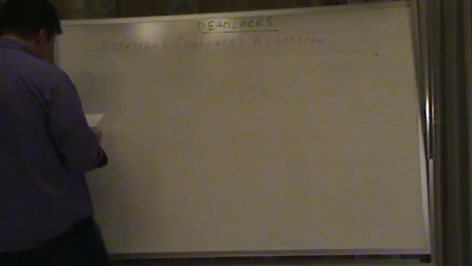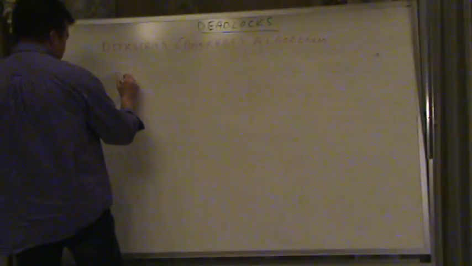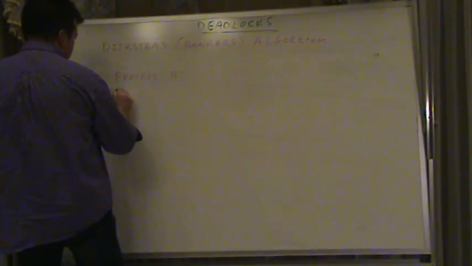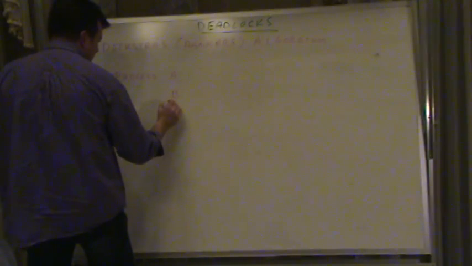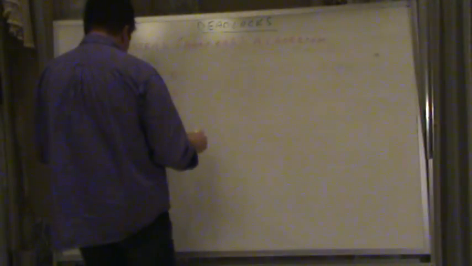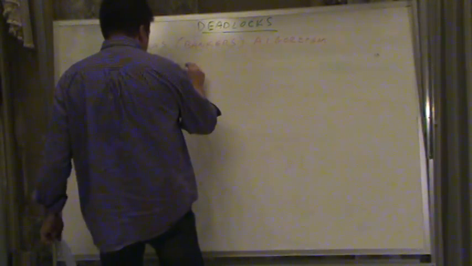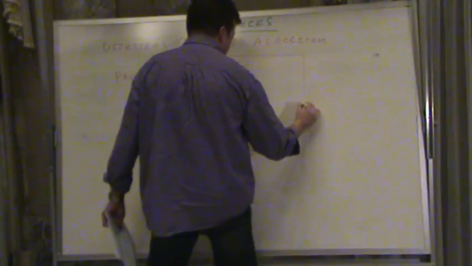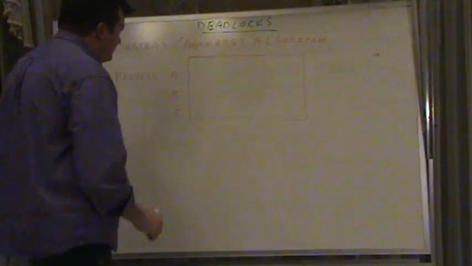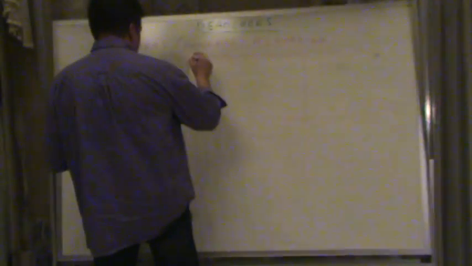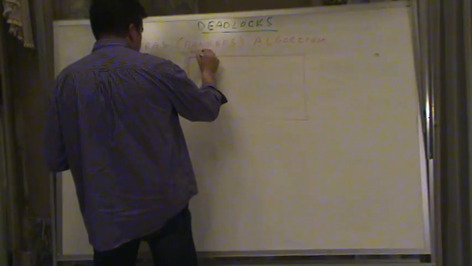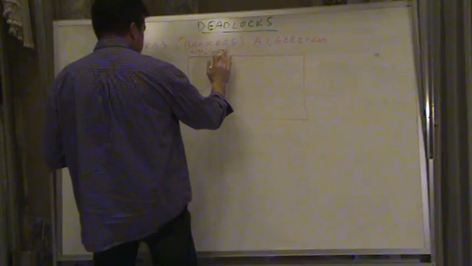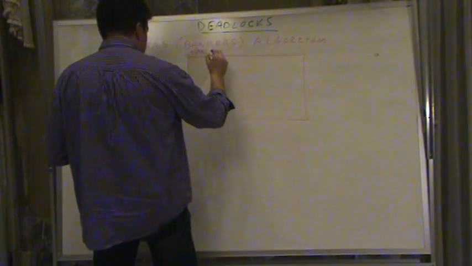So suppose we had process A, process B and C, and we had one resource, and we're just going to take this idea and expand it to multiple resources. But the total need, the total access.